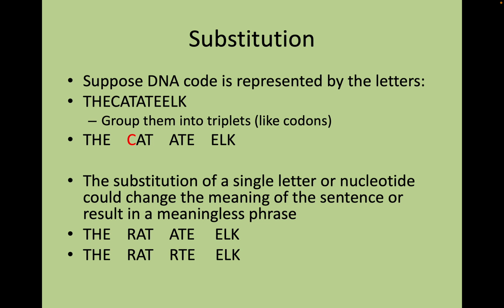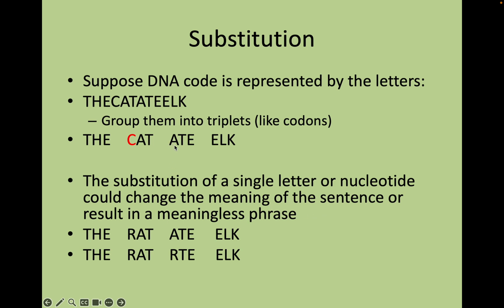So suppose the DNA code is represented by these letters. We group them into triplets like codons. All right, the substitution of a single letter or nucleotide could change the meaning of the sentence or result in a meaningless phrase, right? Like if this C is replaced with an R, then it changes the meaning of the sentence.